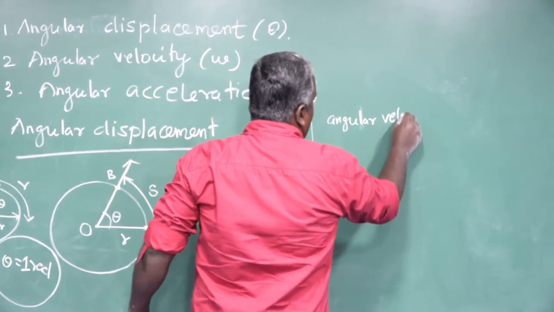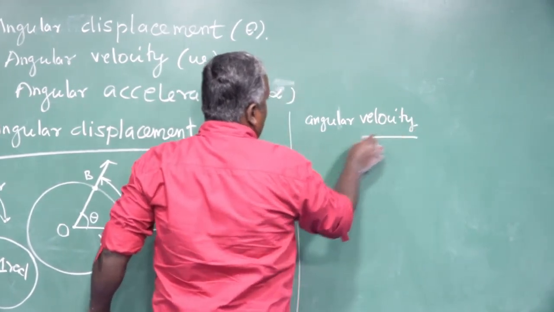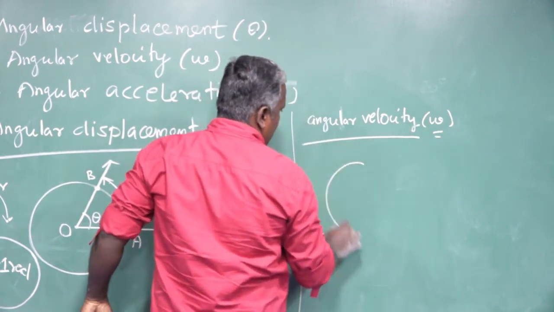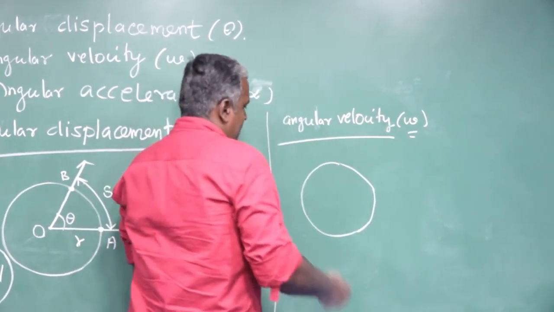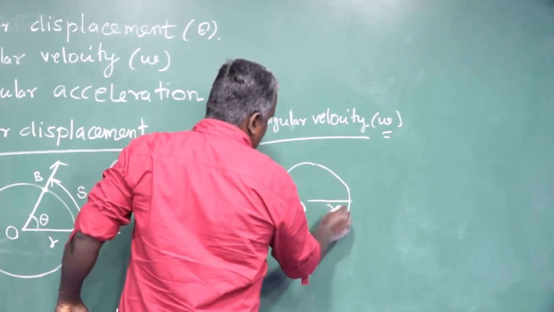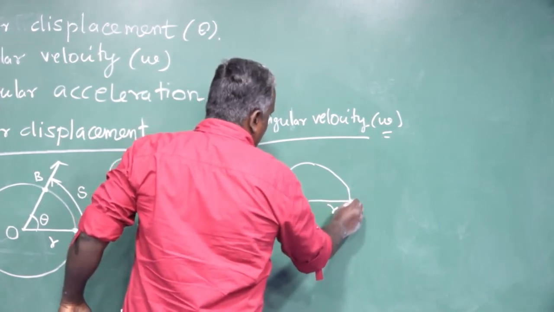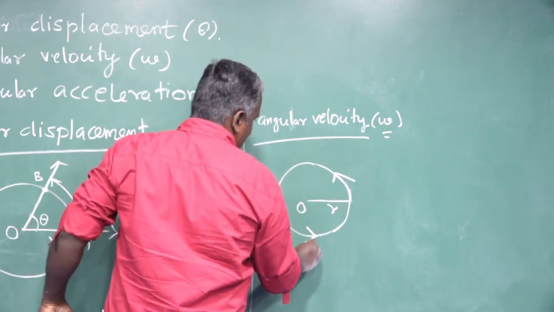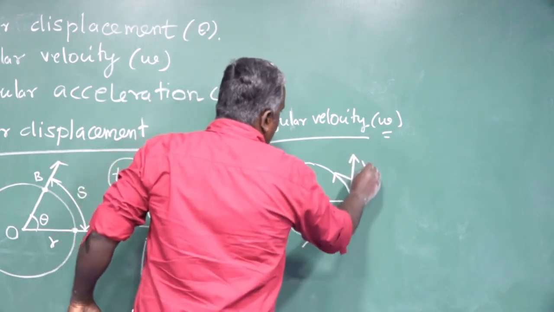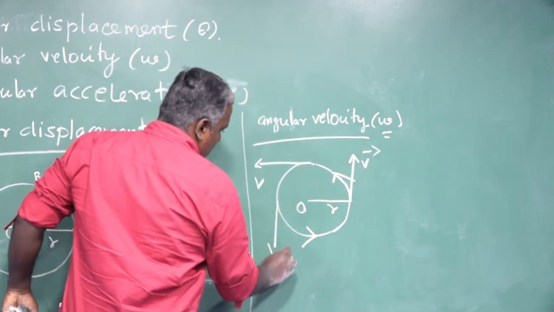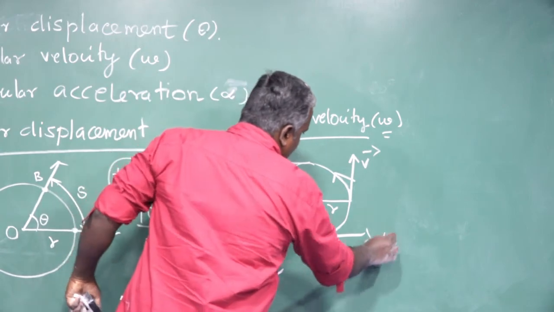Angular velocity, its symbol is omega. Listen. This is the center of the circle. This is the radius of the circle. Your particle starts like this. This is the linear velocity direction, and it changes.